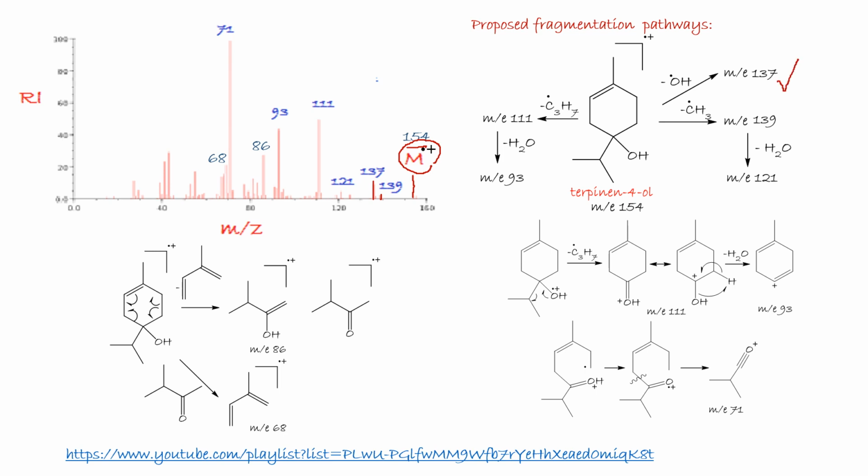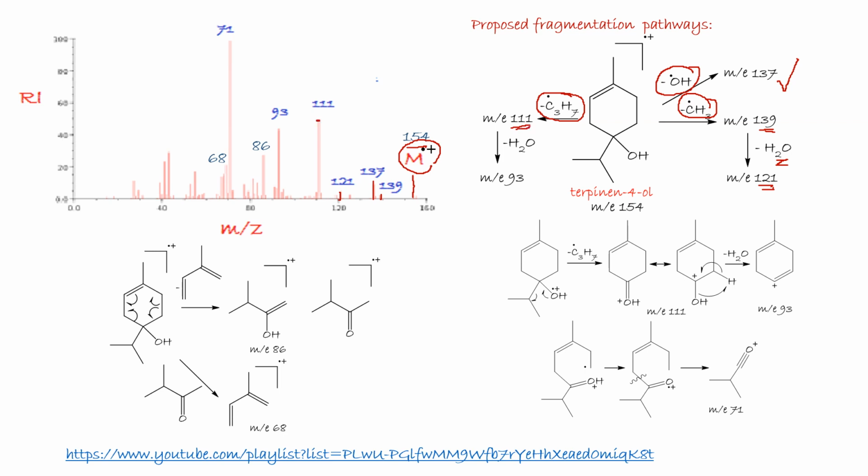We can explain the 137 due to the loss of hydroxyl radical, 139 for the loss of CH3 radical, 121 for the loss of water from the 139. Well, for the loss of the isopropyl or propyl radical, here we have a peak at 111, very intense.